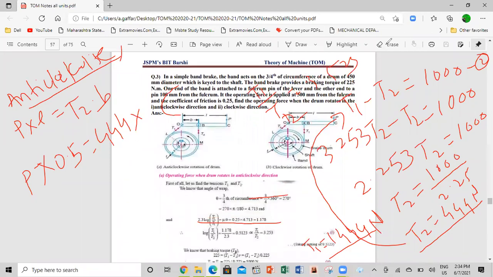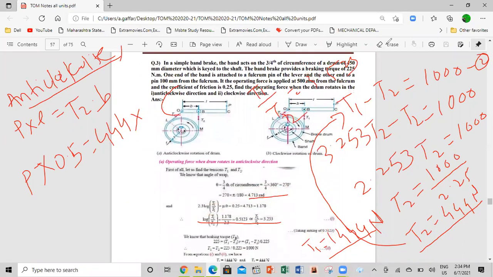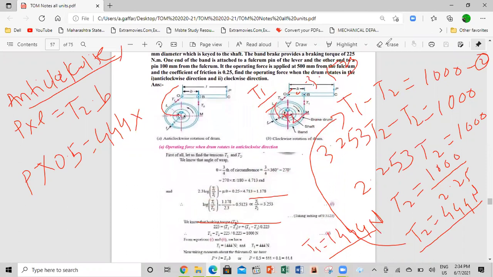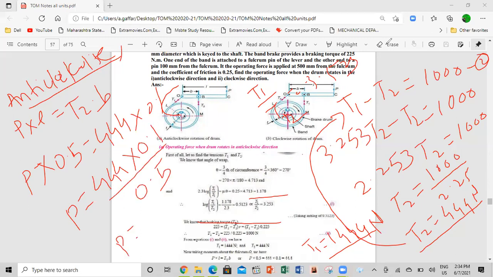B is given in the problem as 100 mm. After conversion from millimeter to meter, the value of B is 0.1. So what is the value of P, the operating force? After solving, P is equal to 444 into 0.1 divided by 0.5. What is the value of P?